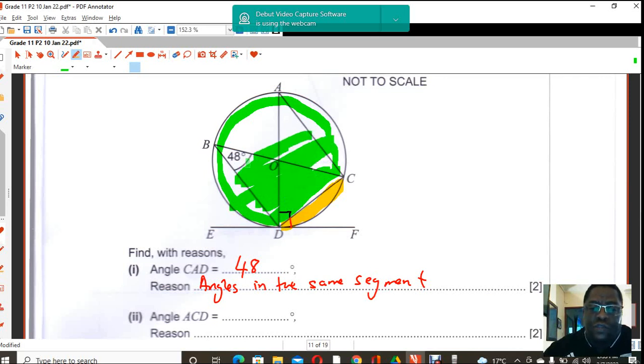It's a major segment. So segments are created by chords. All right. So this is the major segment. Can you see that? And a minor segment.